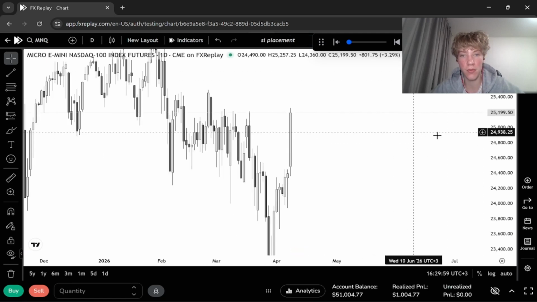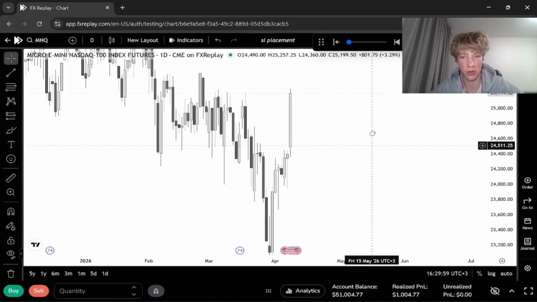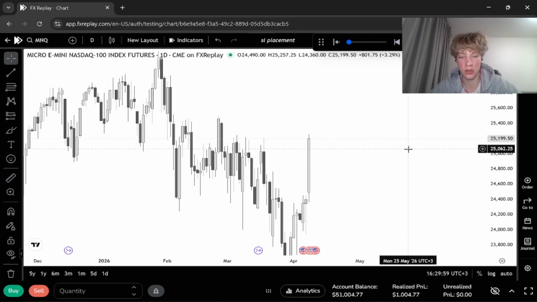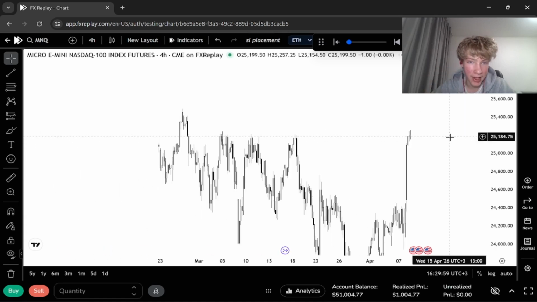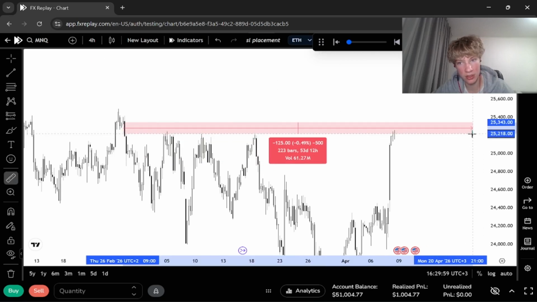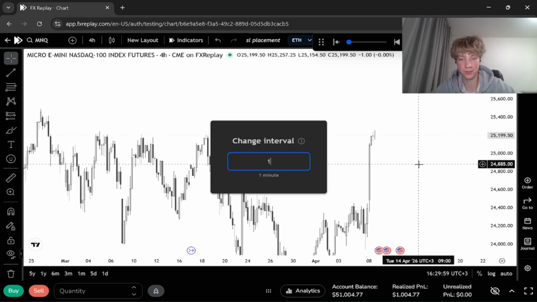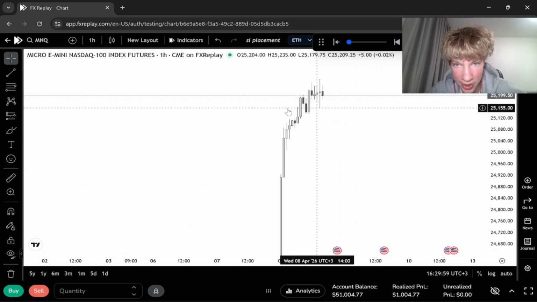All right, we are still going higher for all this low resistance liquidity, my bad. I mean, we are inside this 4-hour gap. Looks like we are having some sort of reaction off it.